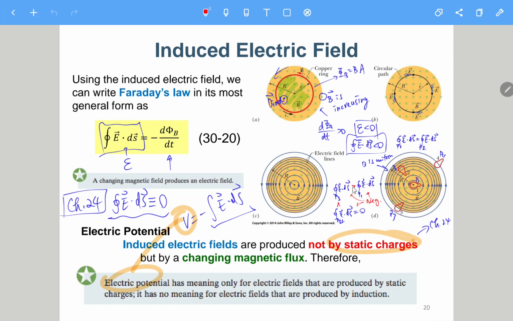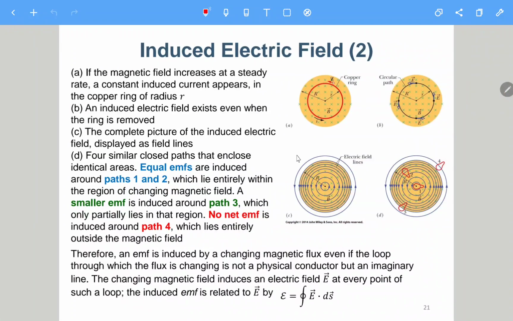But here, it should have a negative sign. For path 4, there's no net EMF because the path lies entirely outside the magnetic field.